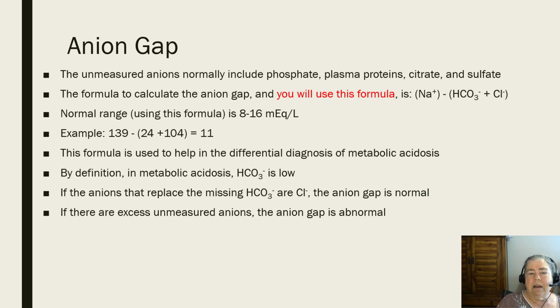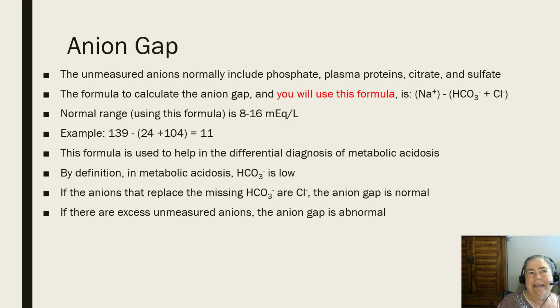If there are excess unmeasured anions, then the anion gap will be high. In a metabolic acidosis where the anions that are replacing the bicarb are chloride, then there's a normal anion gap.